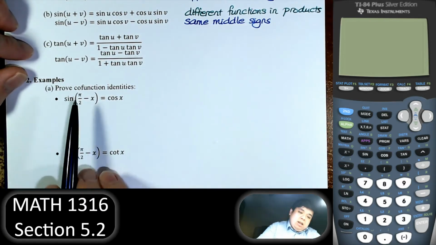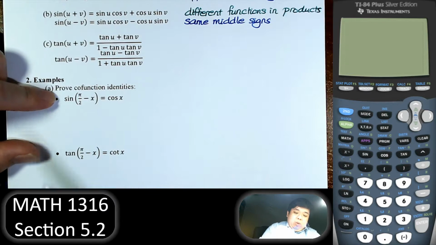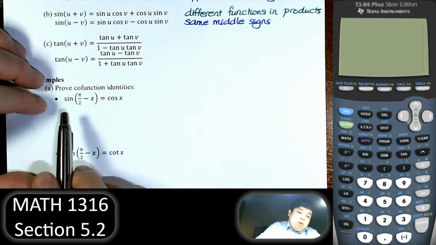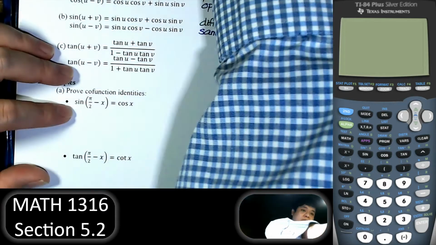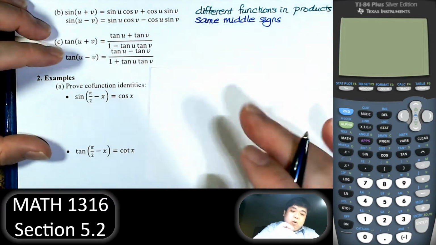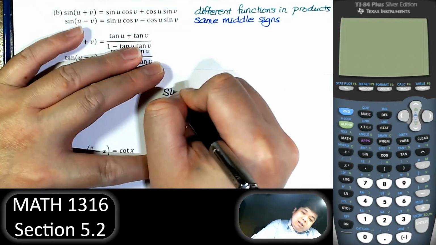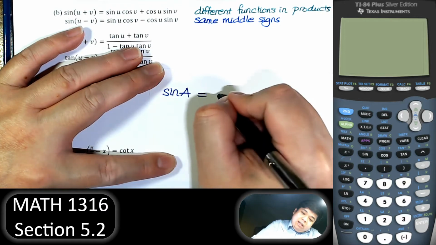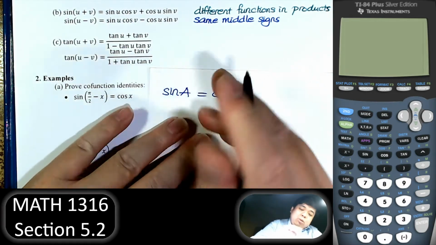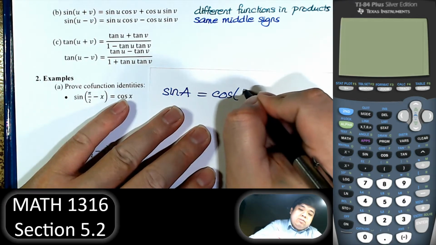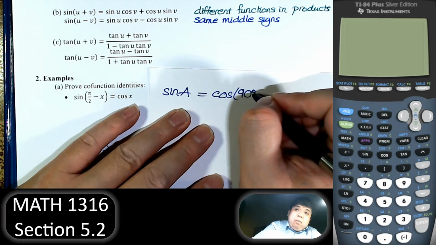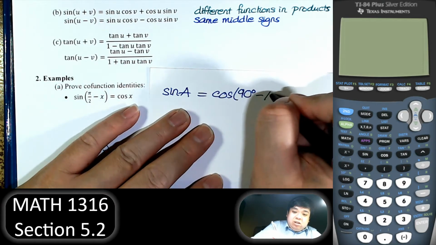So first, we can use this identity to prove the cofunction identities. Cofunction identities, as mentioned before, I think in chapter 1. Sine of anything is equal to the cofunction, sine, cosine. And if we want to go from the function to the cofunction, the angle is going to be complementary, meaning subtract from 90 degrees.